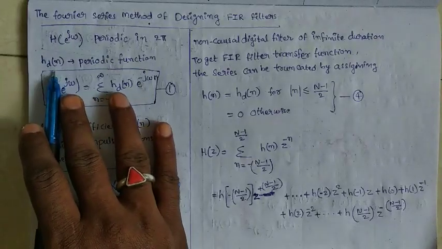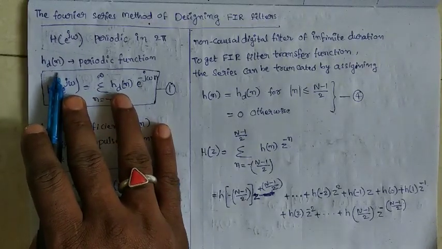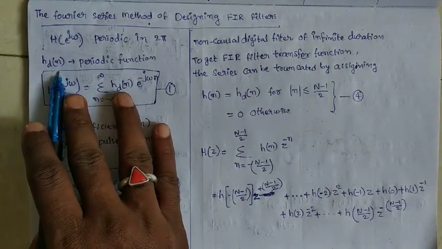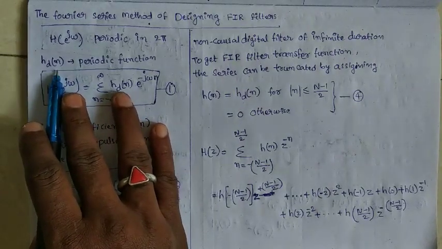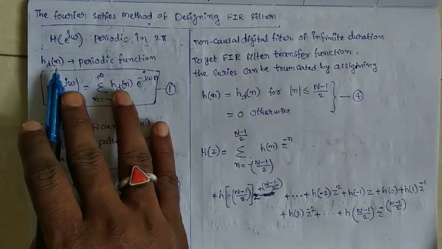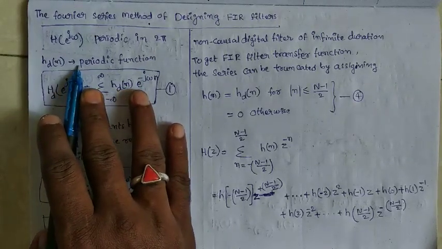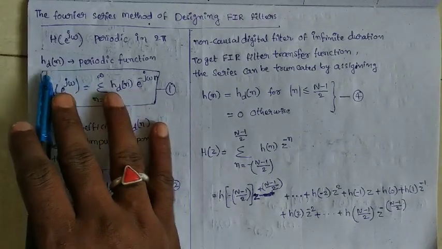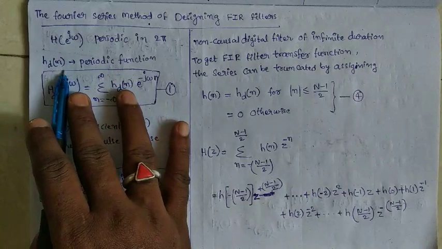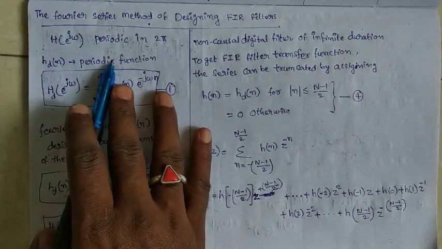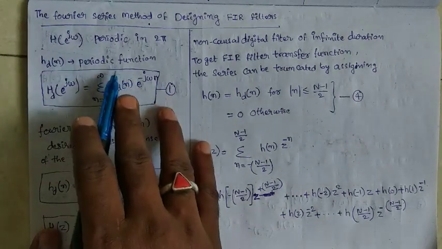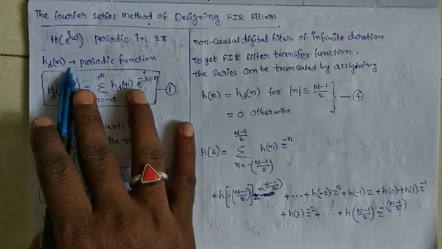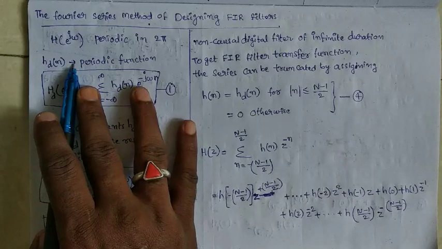Since it is a periodic function, how can we express it? It can be expressed as a linear combination of complex exponentials. That means we are representing hd of n by the Fourier series method. Now, what does hd of n represent? It represents the Fourier series coefficients.